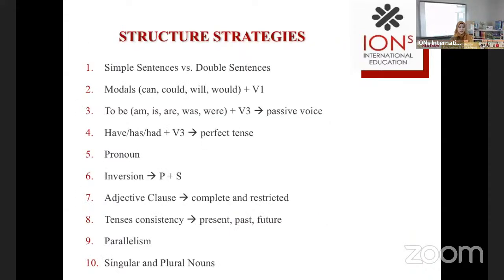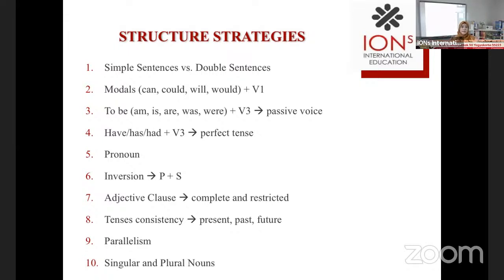Oke. Nah, sekarang this one, okay, these are the strategies. These are the basic skills, the basic knowledge that you have to master. The first is about simple sentence and double sentence atau complex sentence ya. Jadi dalam satu kalimat dalam bahasa Inggris itu harus mempunyai subjek dan predikat, subject and verb, right? Jadi kita harus yang pertama kali dalam mengerjakan tes TOEFL structure itu harus make sure that the sentence has subject and verb, subject dan predikat.